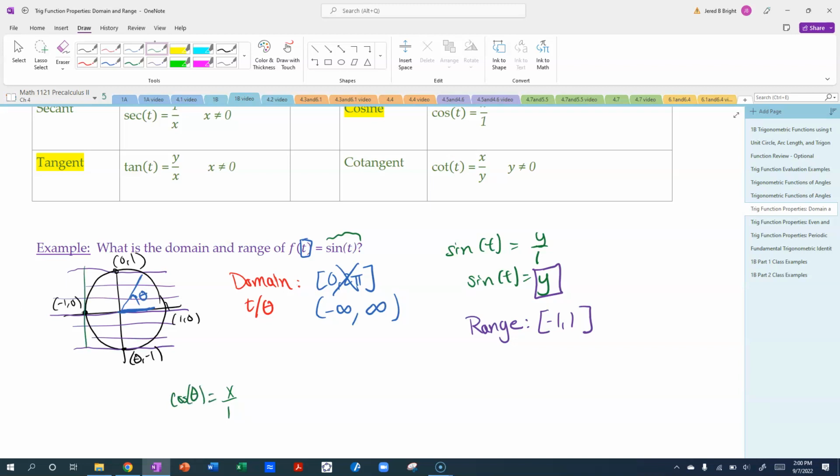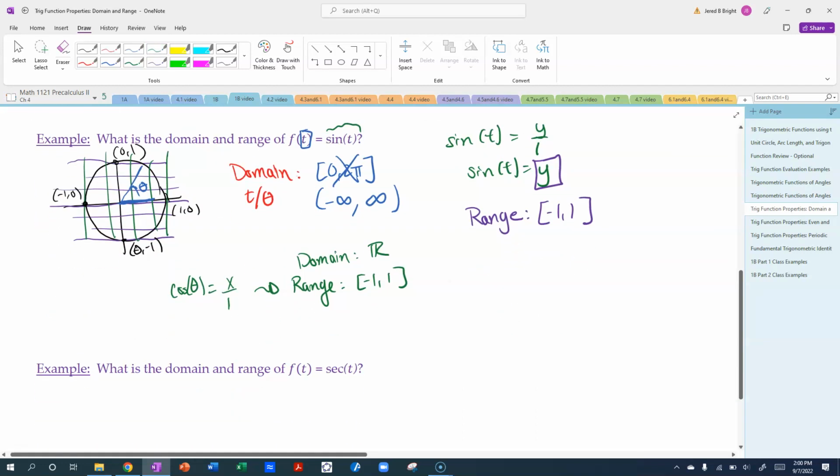But instead, we're saying that x values that occur for the output of cosine are -1 and 1, as well as everything in between. Okay, so the range here is -1 to 1. Okay? Domain is also all real numbers. All right.